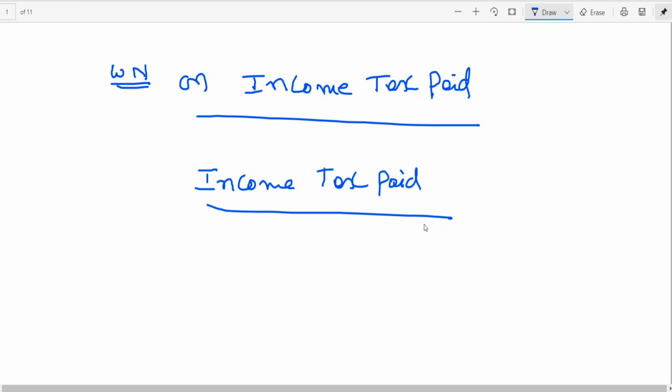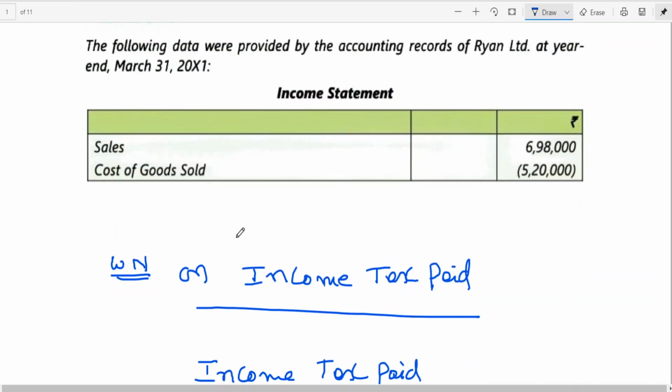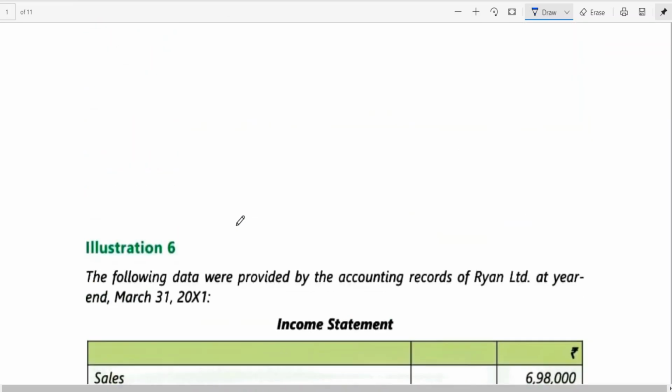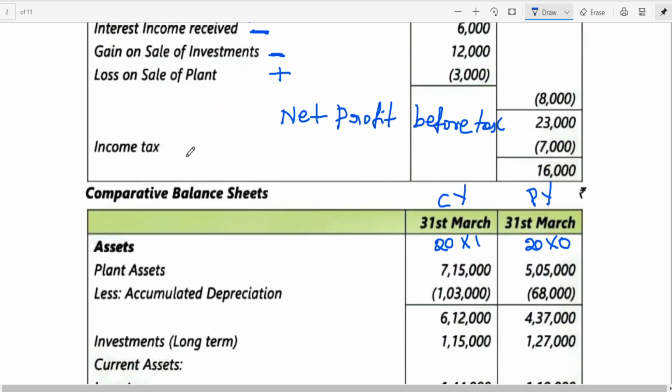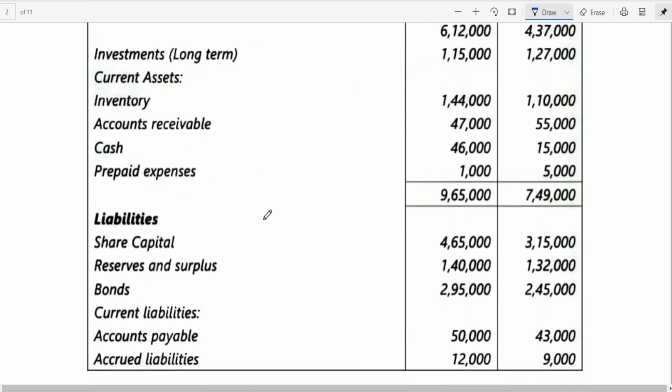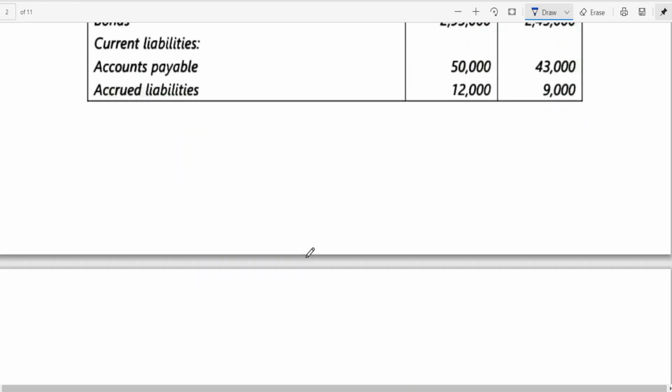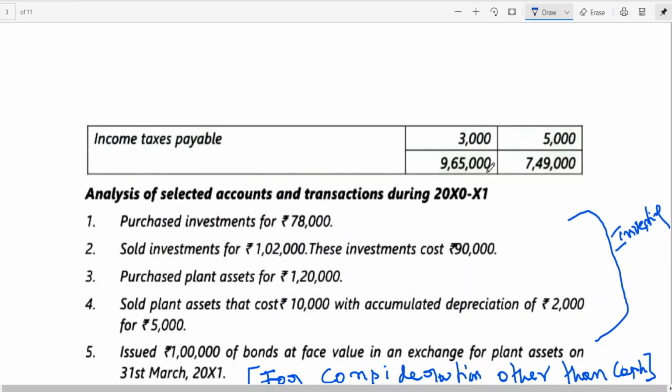So how to get income tax paid? In the profit and loss account, they have given income tax, but they haven't mentioned that income tax has been paid. You also got the adjustment relating to income tax payable, previous year and outstanding.